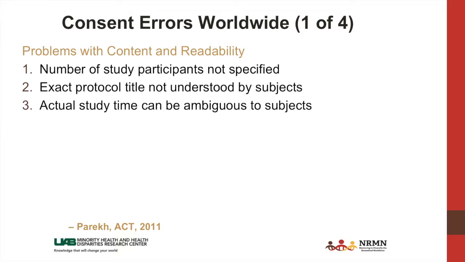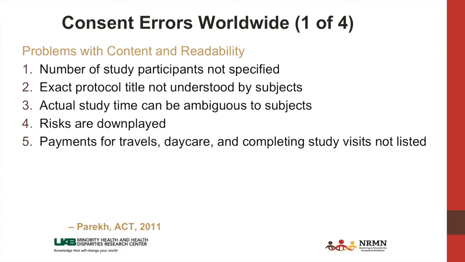They don't know when it's going to start, when it's going to end. There's a risk that we said should be stated, and sometimes these risks are downplayed by researchers. Payment for travels are not specified.